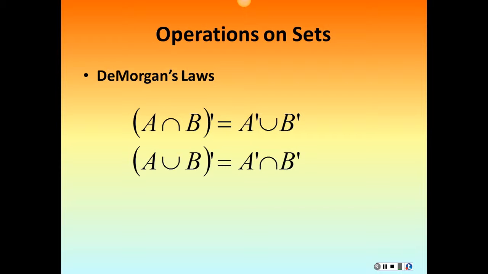So, in other words, A intersection B, and I say prime, so I'm saying the complement of whatever A intersection B is. Another way of writing that is A prime union B prime. And below it you see, if it's a union, according to De Morgan's laws, it's equivalent to say A prime intersection B prime.